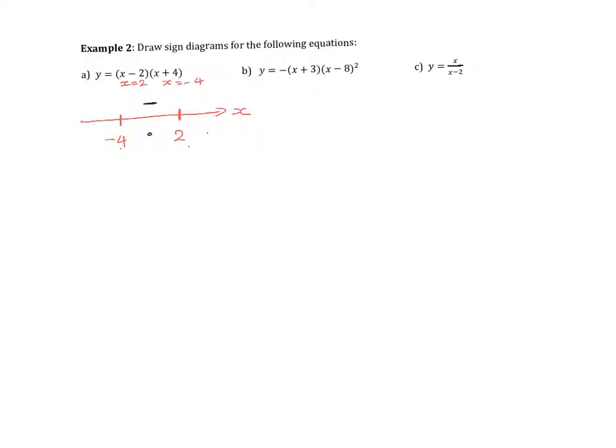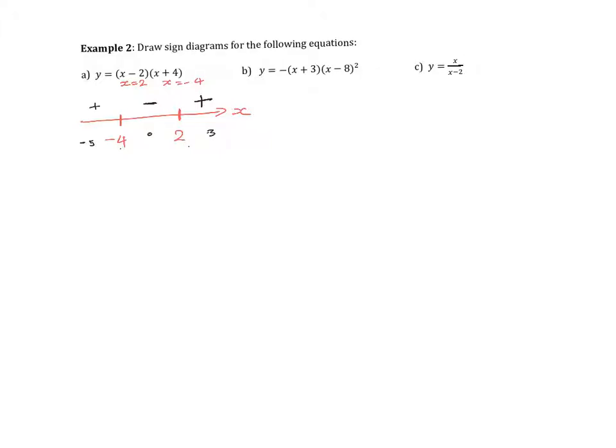Now over at, say, 3. 3 is on this side. 3 minus 2 is 1. 3 plus 4 is 7. 7 times 1 is 7. So it's positive. And now at, say, -5. -5 minus 2 is -7. -5 plus 4 is -1. So -7 times -1 is +7.